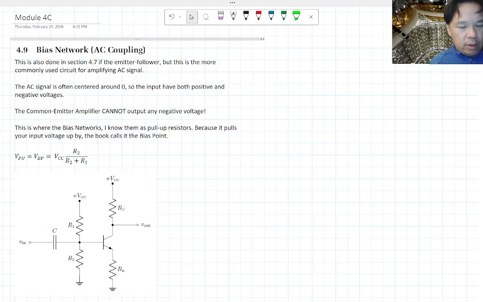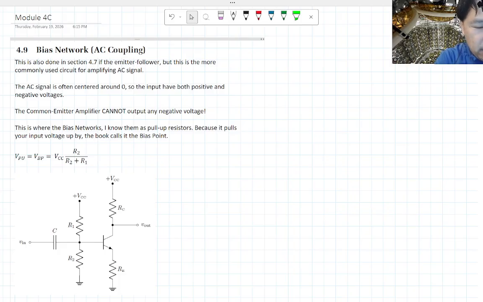So if you're interested in more detail about how transistors work and how to deal with this temperature dependent beta factor, and how there are other transistors, the field effect transistor, which is actually how modern day processors and memories are made, I really suggest that you keep reading this chapter and also read chapter 5, which is going to be focused on the field effect transistor. Okay. But for now, let's talk about the bias network.